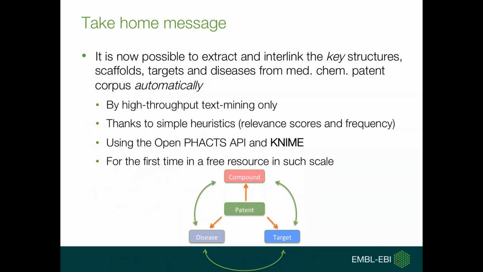We're using only a high-throughput text mining approach, no NLP, and we use simple heuristics to get an assessment of the relevance of the terms, of the compounds, the genes and the diseases. So it's possible to link these 3 entity types together automatically.